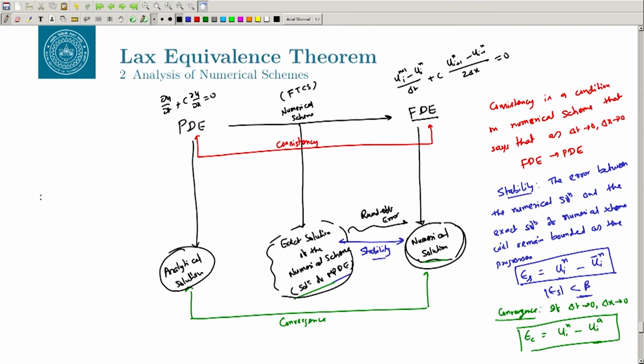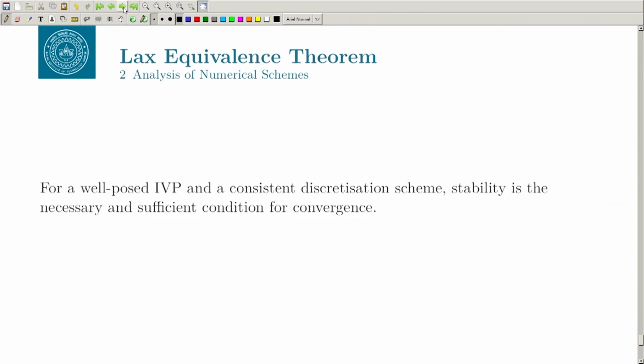Okay. Now, there is a very famous theorem called Lax equivalence theorem. And this is a very important theorem in CFD, and what this theorem says is basically for a well posed initial value problem and a consistent discretization scheme, that means we have already talked about the consistency here, the stability is the necessary and sufficient condition for convergence.